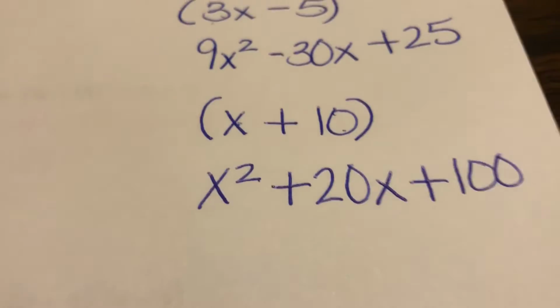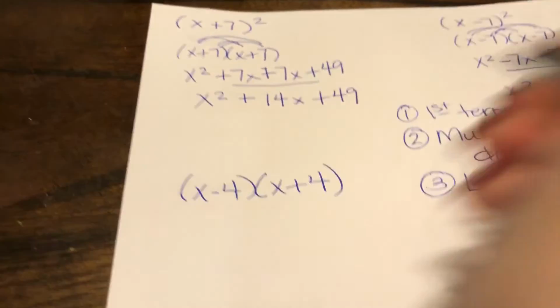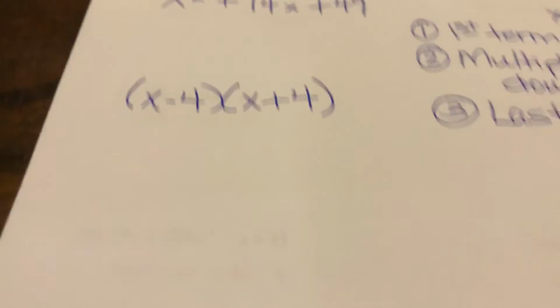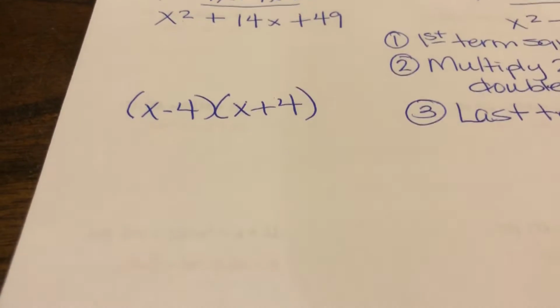The other one is a difference of squares, and what it looks like is it looks like this problem. It's where you have the same binomial, but one's being added and one's being subtracted.